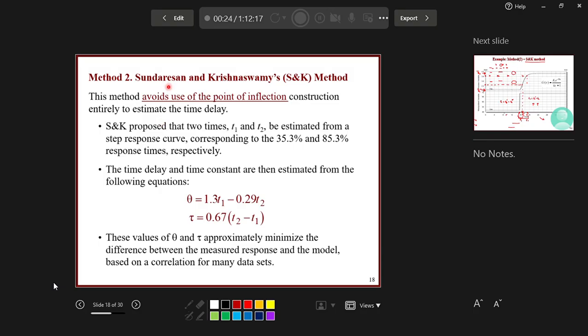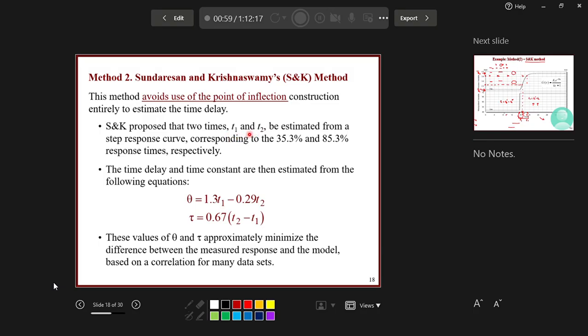The method is called the SK method, which is related to two scientists, Sundaresan and Krishnaswamy. The method depends on two times, T1 and T2. You need to find T1 and T2 from the graph, and based on the values of T1 and T2, you calculate the tau and the theta.